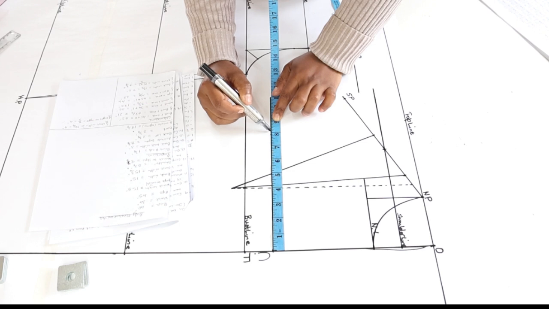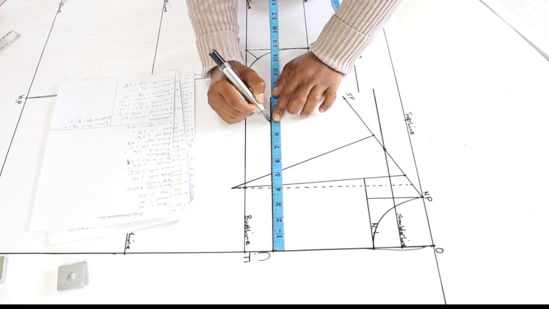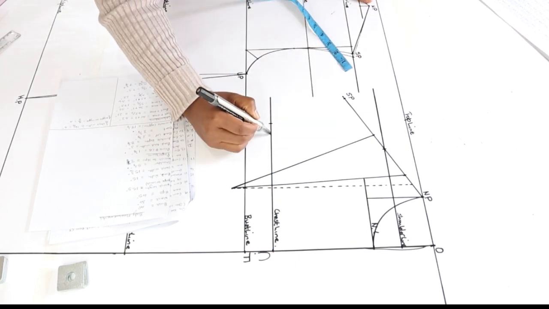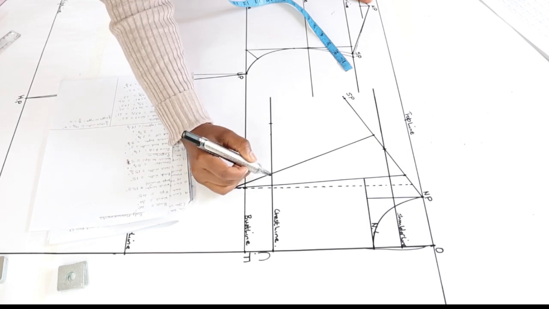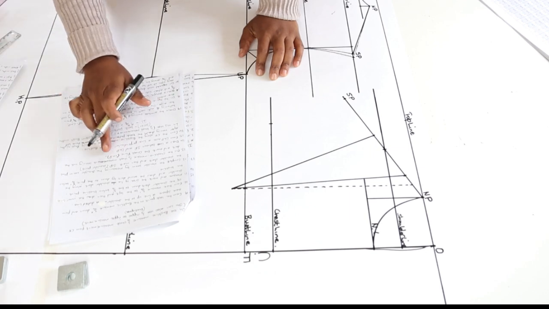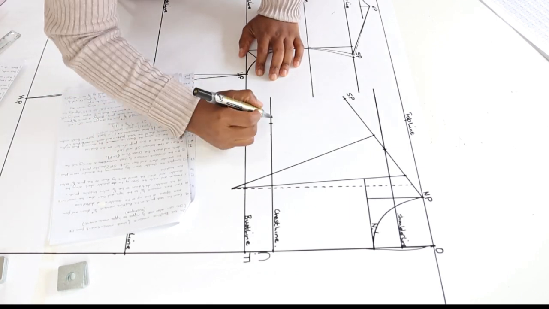So I'm just going to say 1, 2, 3, 4, 5, 6, 7, and then make the correct mark. So the distance from here to here is this one, because it's going to be folded away with the dot. And then I'm going to mark this point as CHP for the chest point.